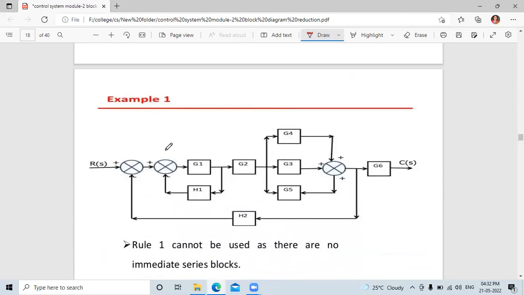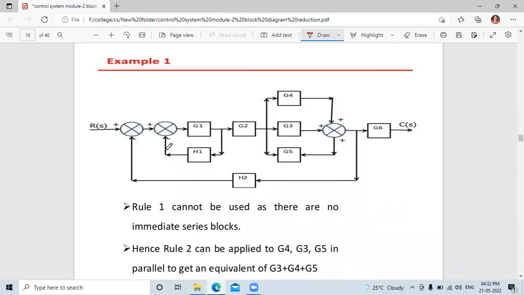Now we shall solve problems on this block diagram reduction technique. By seeing this example, first we give preference to series. Rule 1 cannot be used as there are no immediate series blocks.